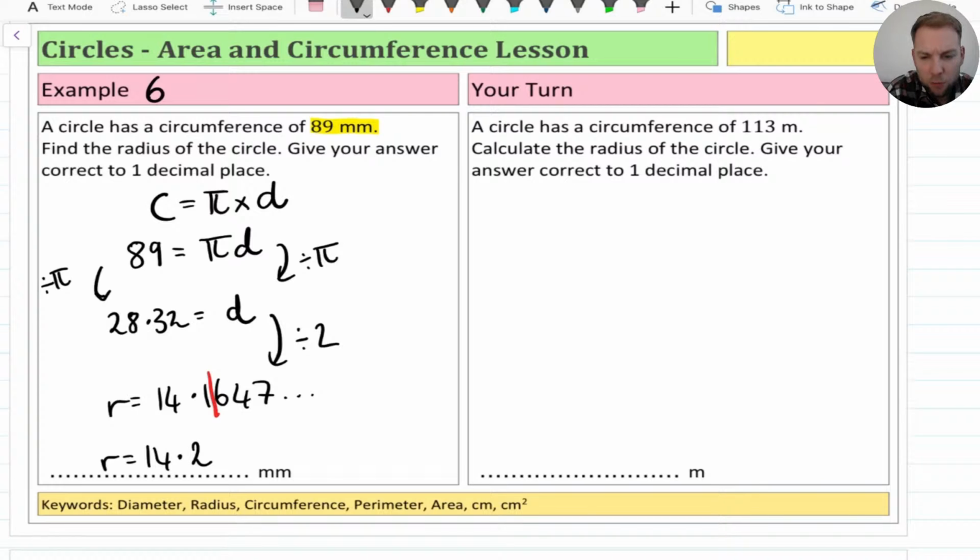Have a little go at that one on the right. Now I can see 2 people have put answers, both different, both wrong actually.